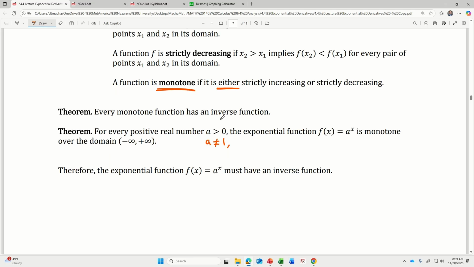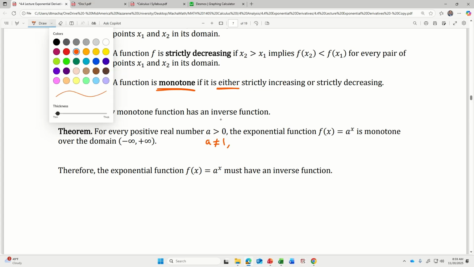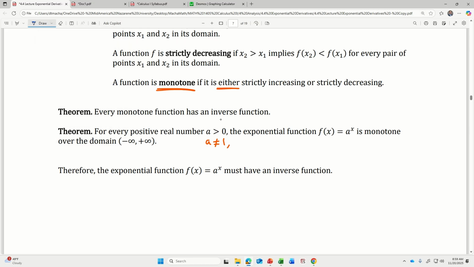So that means the exponential function must have an inverse function, because every monotone function has an inverse function. What is the inverse function of an exponential function? A logarithm. Prior to this point in college algebra, you don't know what to call that inverse function.